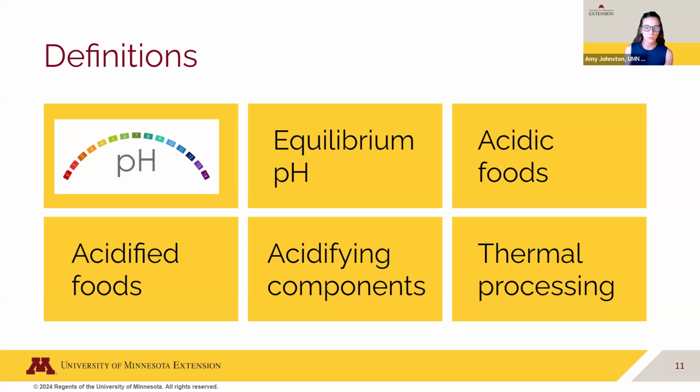So the type of thermal processing used is influenced by the pH of a food. Acidic and acidified foods can be canned using that boiling water bath or the atmospheric steam canner because they have that low pH, that pH of 4.6 or below.